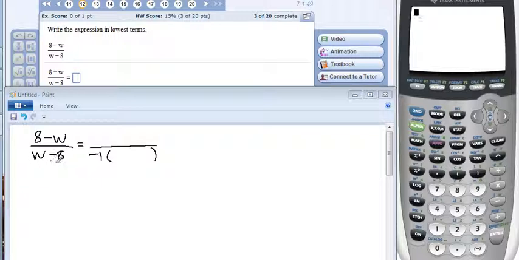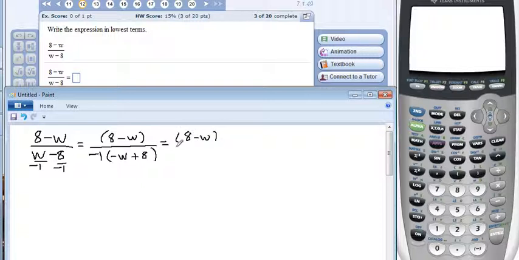Okay, so in any expression, there's always a negative 1 and a positive 1 that's in there. I can always say that, all right? So let's divide through each term by that GCF of a negative 1. This becomes a negative w, and this becomes a positive 8. Now remember, addition is commutative.